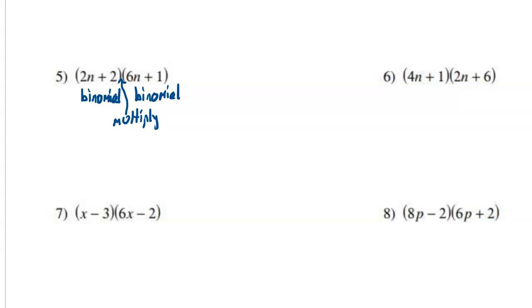The acronym for this process is called FOIL. Multiply the first terms in each parentheses, multiply the outer terms, multiply the inner terms, and multiply the last terms in each parentheses.